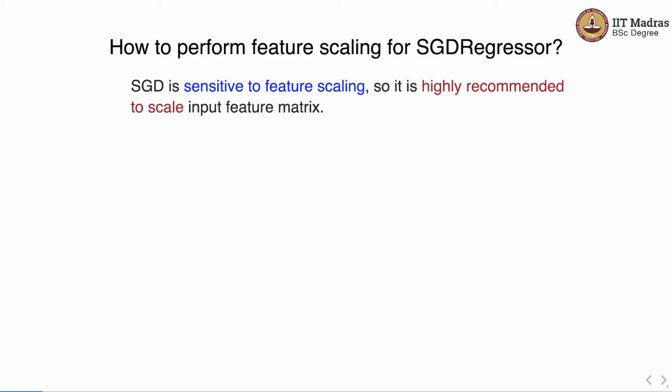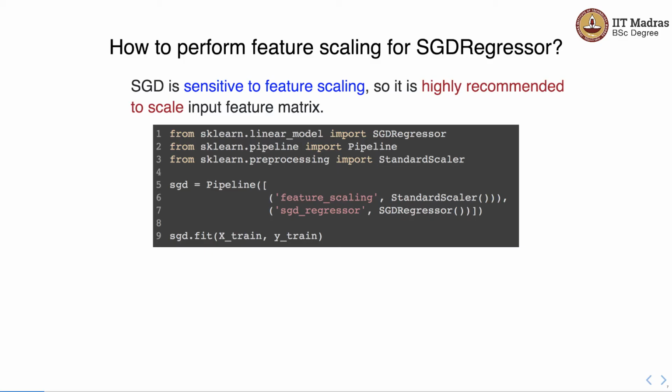So let's try to understand how to perform feature scaling for SGDRegressor. Remember that SGD is sensitive to feature scaling. Hence, it is highly recommended to scale the input feature matrix. We can perform feature scaling through the pipeline construct.